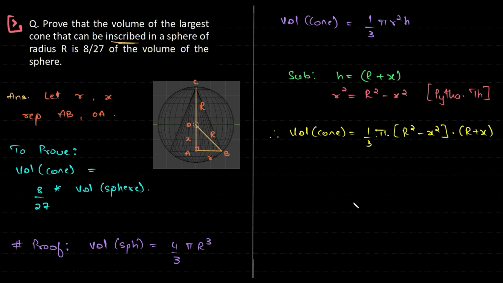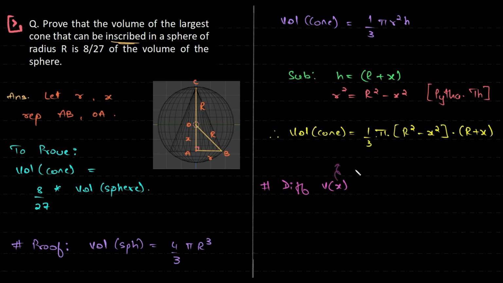Now, to move forward, what should we do? Yes, we need to differentiate because we need to find the critical points. So differentiating the volume of the cone, V of x, remember R is constant. So here R is fixed. That's why I'm not taking it as a variable over here.